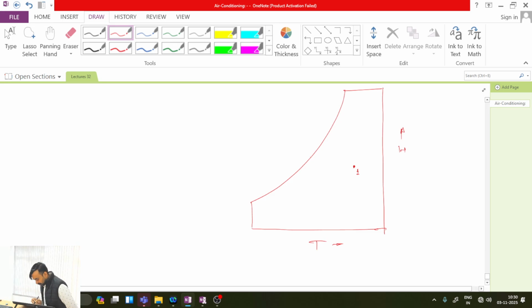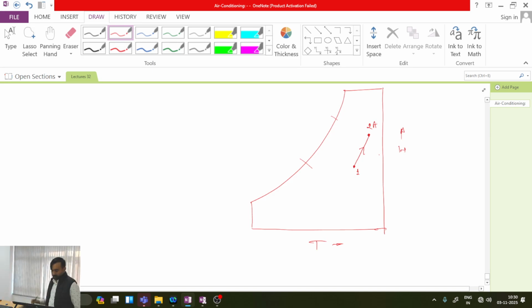So generally, this is how my constant wet bulb temperature lines are drawn. And when I move towards the upper side, the wet bulb temperature value is more in comparison to the lower one. So that's why my process must move in which direction? In this direction. And that will be my state 2A.